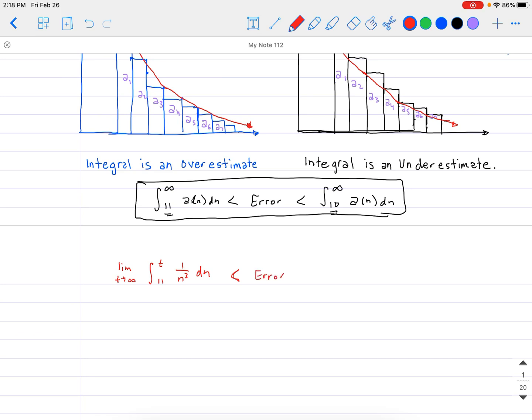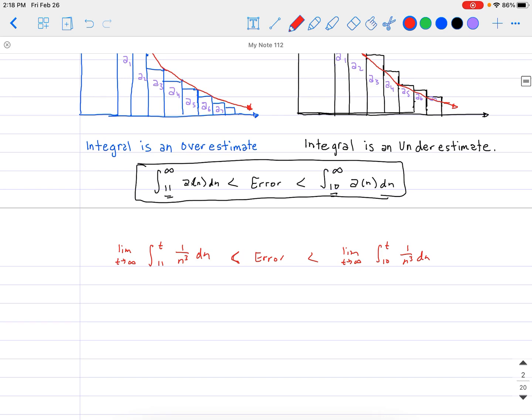So the error over here is less than the limit as t approaches infinity of the integral from 10 to t of 1 over n cubed dn. Okay, all right. Those we can solve for.